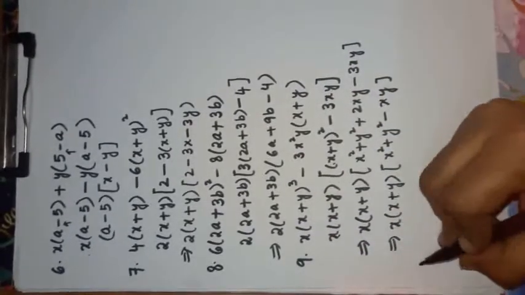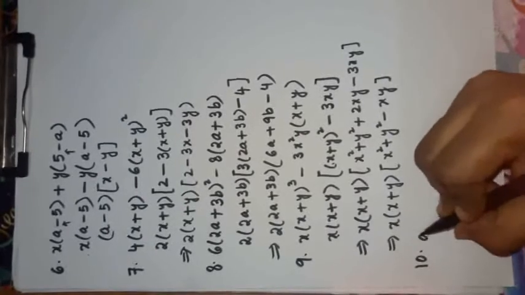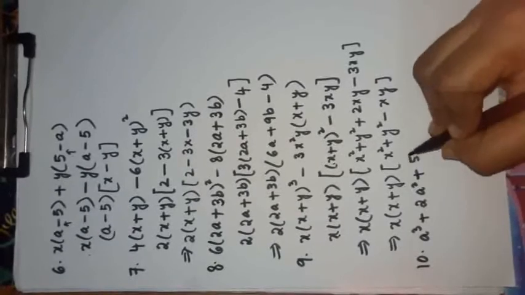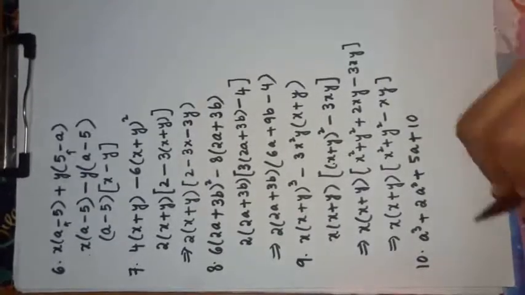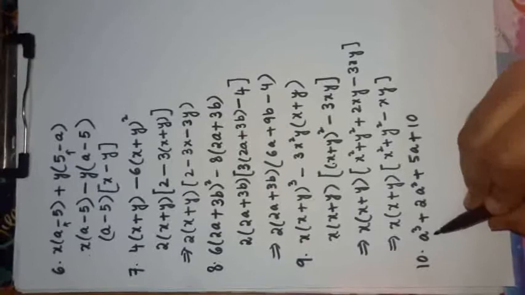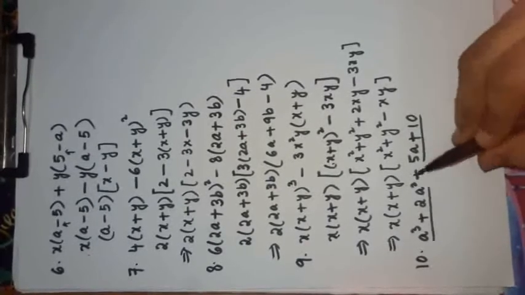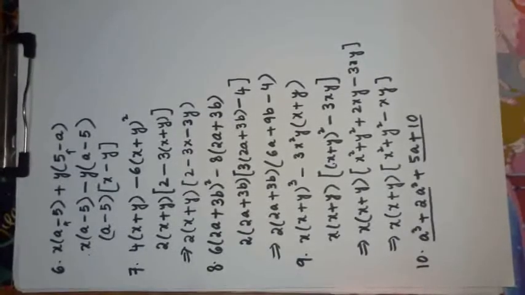Fine. Now let us go to the 10th problem. The 10th is a^3 + 2a^2 + 5a + 10. Here again, out of these two terms and out of these two terms, let us take common.